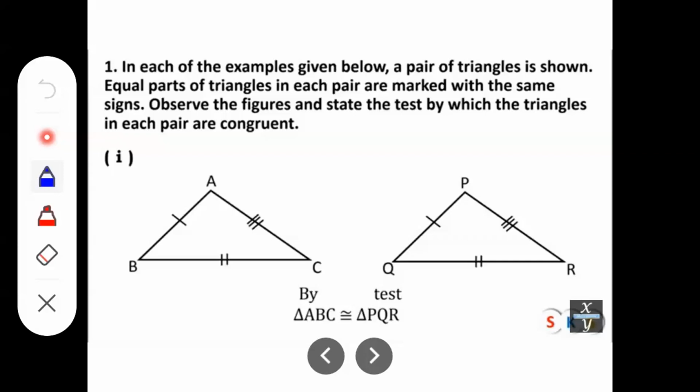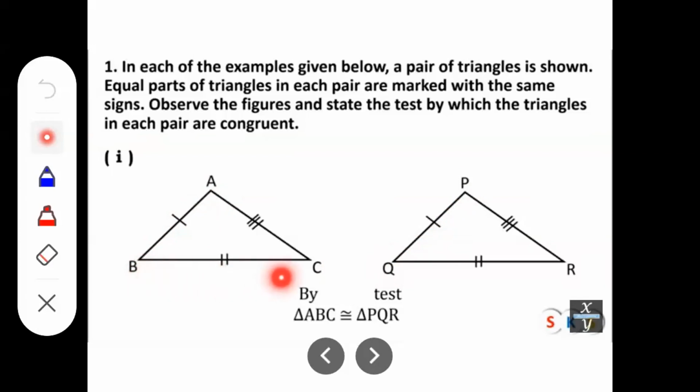Now see here, this is the first example. Here you can see two triangles, triangle ABC and triangle PQR. Now very easily you can answer for this example which is the test here. Three sides of the first triangle are congruent with the corresponding sides of the second triangle. Side AB and side PQ are marked similarly, so those are congruent to each other.